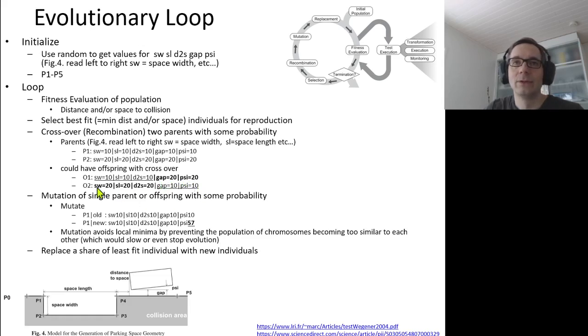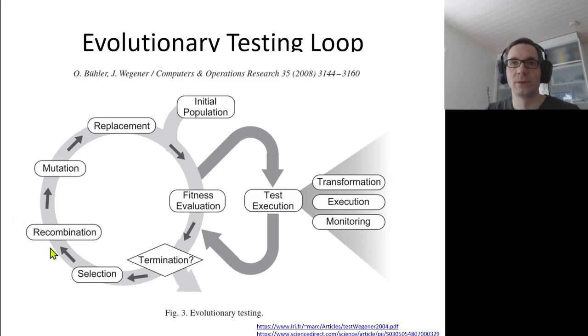And then another offspring might have this reversed, or it might have different combinations. So this is how the test cases, or the population, has babies in this genetic algorithm. Okay, now we have explained the recombination phase of this algorithm.